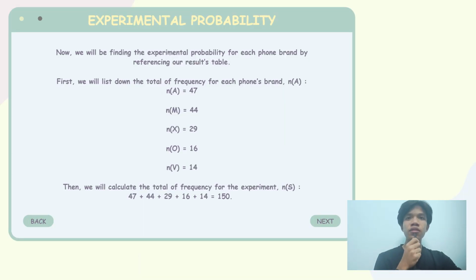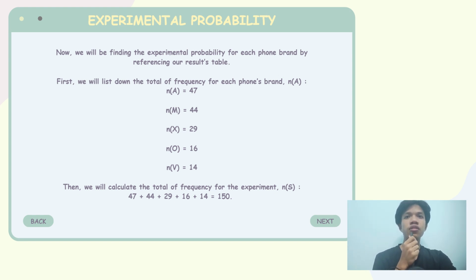By referring to our results table, we can list down the frequency of each phone brand: for Apple equal to 47, for Samsung 44, for Xiaomi 29, for Oppo 16, and for Vivo 14.